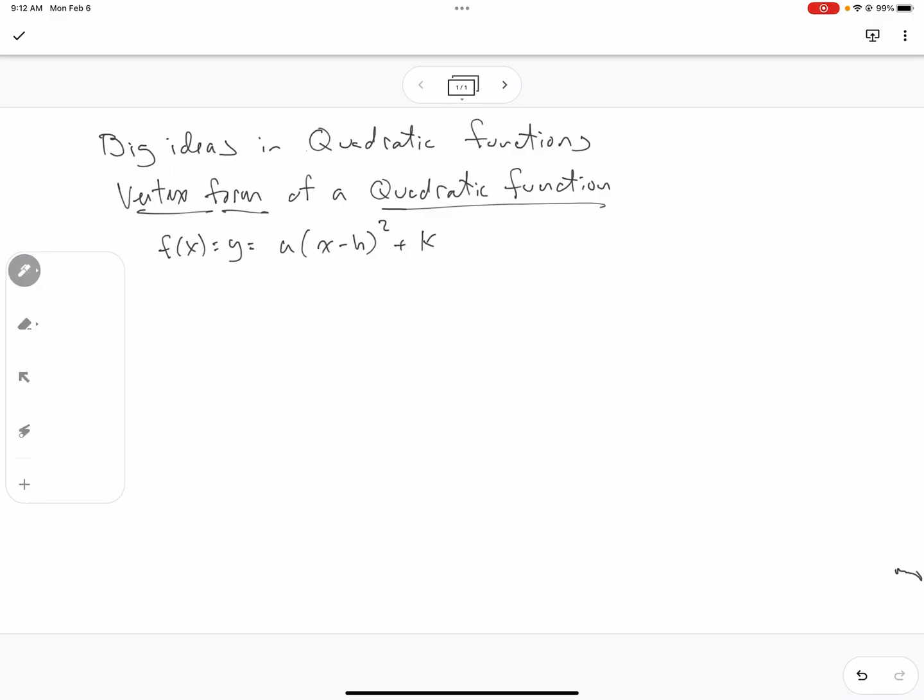And then recall from Desmos, a determines if the parabola opens up or down. If it's positive, it opens up, and if a is negative, it'll open down. And the a in front also affects how narrow or wide the parabola is.